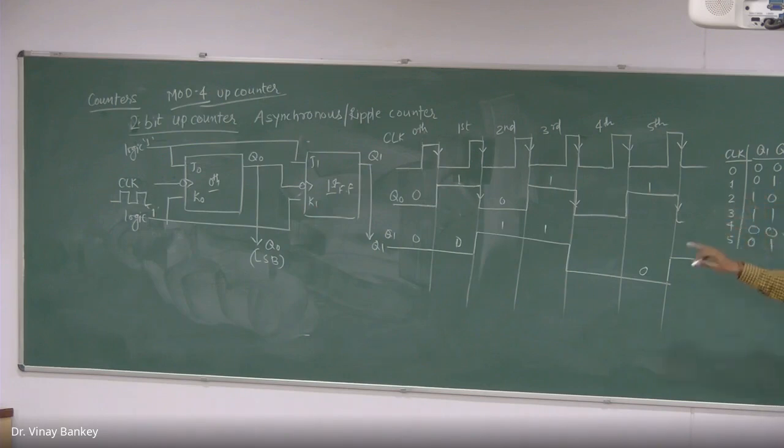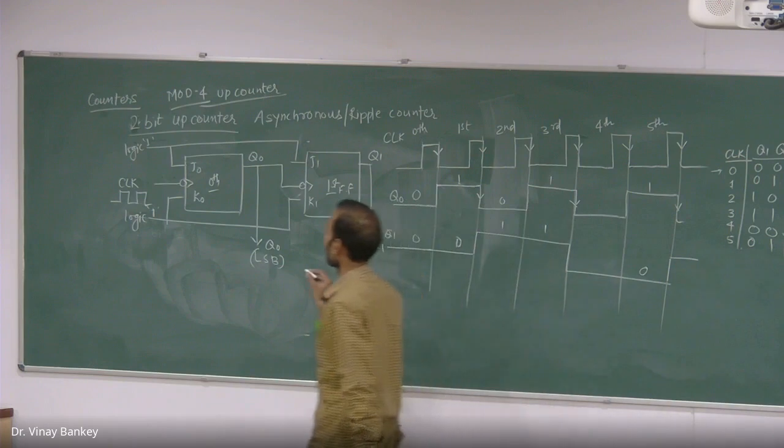So this sequential circuit is counting the states: for the 0th clock pulse we have 0, for the first clock pulse we have 1, then 2, 3, and then 0, 1, 2, 3, and so on. So the total states of this counter is 4.